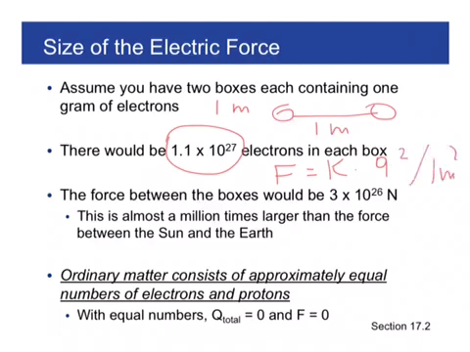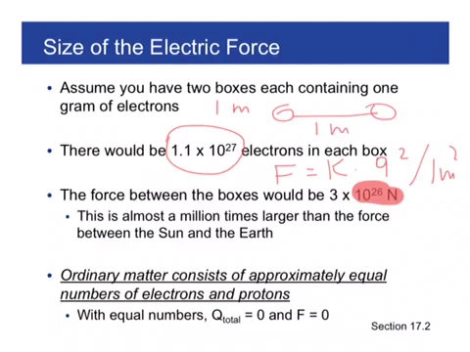We can calculate that the force between the boxes is 3 times 10 to the power of 26 newtons. This is a really huge force, almost a million times larger than the force between the Sun and the Earth. So it's really huge. Maybe you can imagine that.